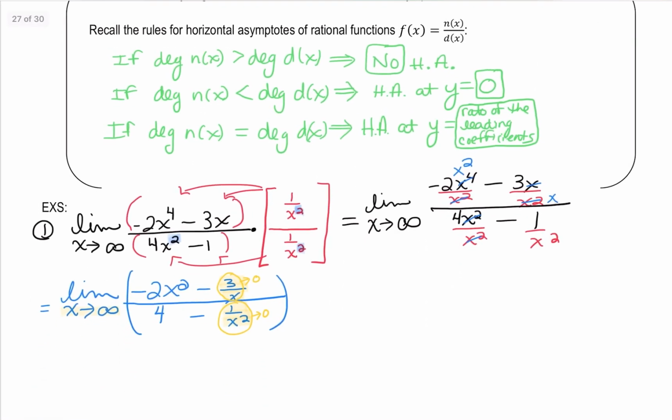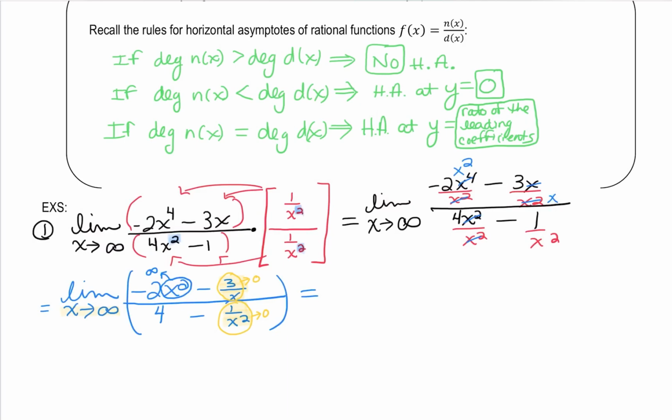Infinity times infinity, infinity squared, is going to just continue to increase without bound. So x squared, as x goes to infinity, is going to continue to get bigger and bigger. Those are all the places where I have x's.